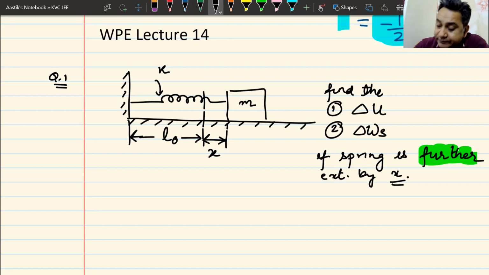Further is the important term here. As you can see, the spring is already stretched by x meters. I am going to stretch it by x meters more. You have to find the change in the spring potential energy and the work done by the spring in this particular case.